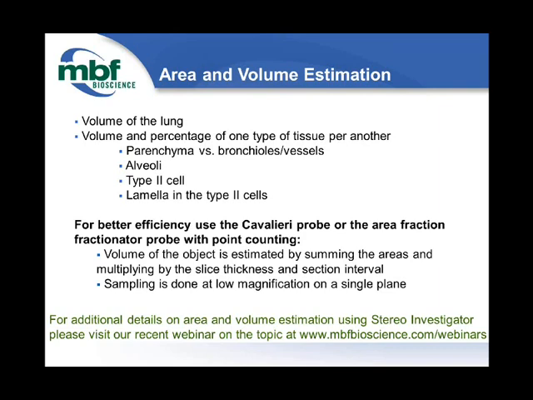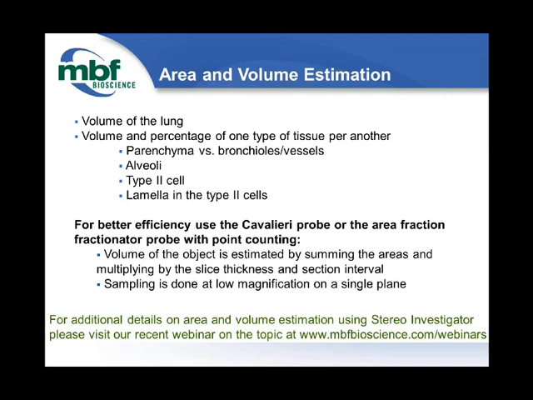For instance, parenchyma versus the bronchioles and vessels, or the percentage of alveoli, or you may be interested in the percentage of type 2 cells, or working down to the EM level, you may be interested in the percentage of lamella in the type 2 cells, which may give you an indication of how much surfactant is being made by those cells.